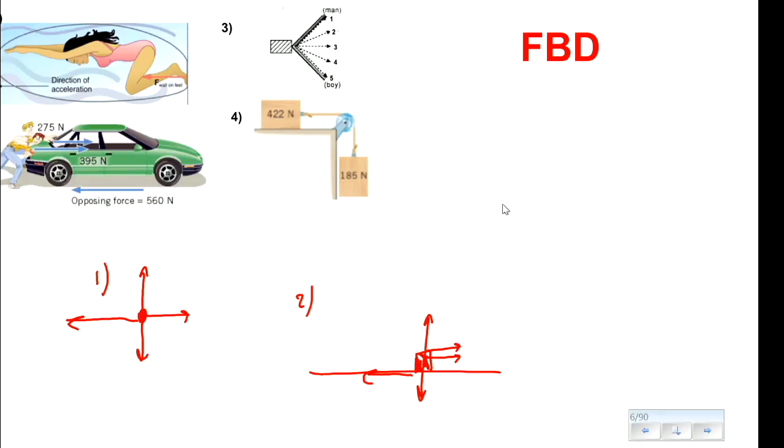Now, every time when we draw a diagram, try to indicate the strength of the force by the length of the arrow. And finally, set up.